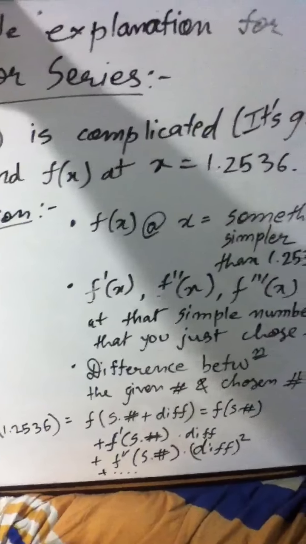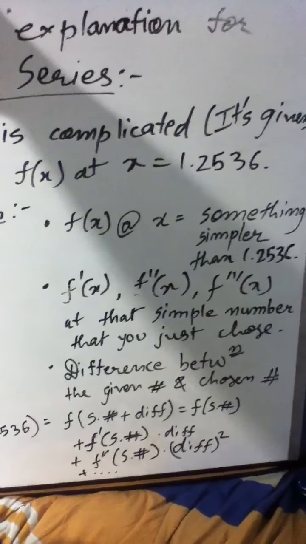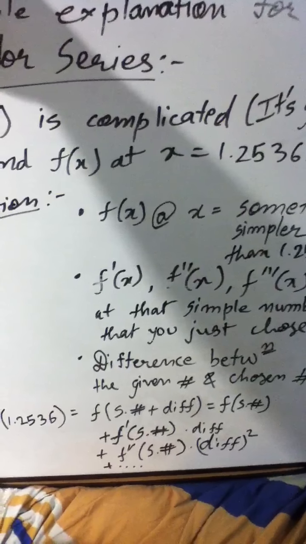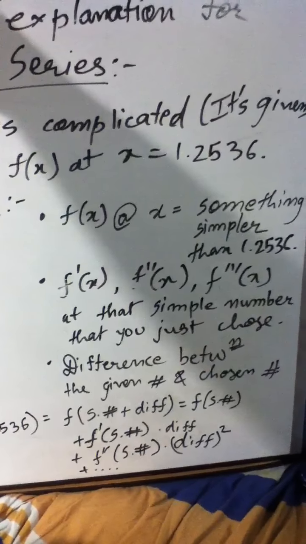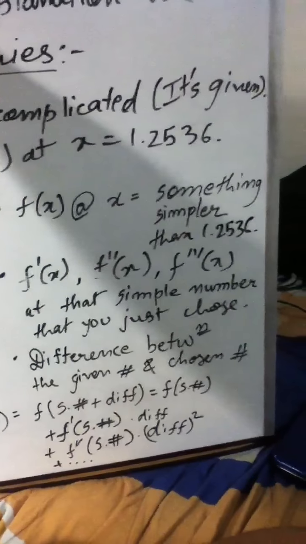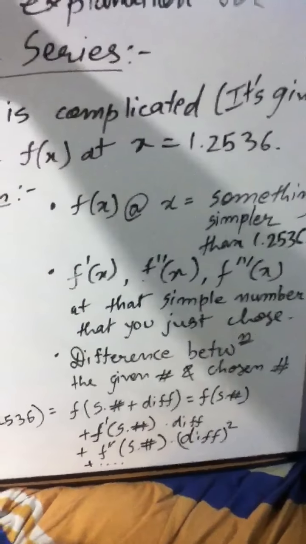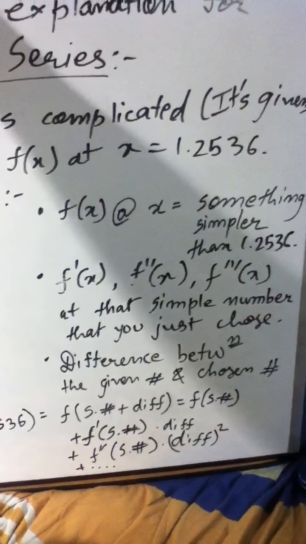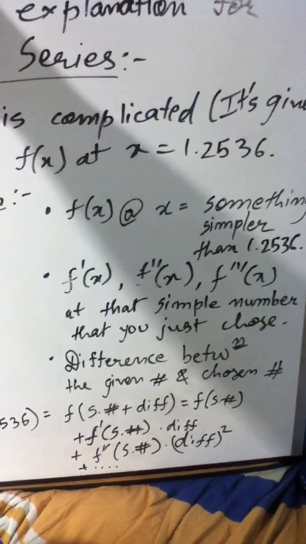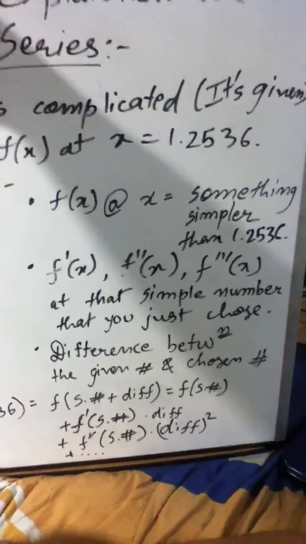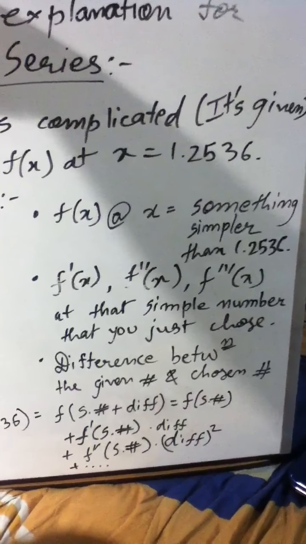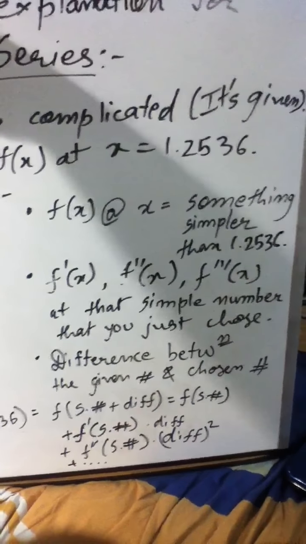The second thing that you need is the derivative of that function. f dash x is the first derivative, f double dash x is the second derivative, and then the third derivative, and so on. You don't just need the derivatives of the big function in terms of x. You need these derivatives at the simple number that you just chose.